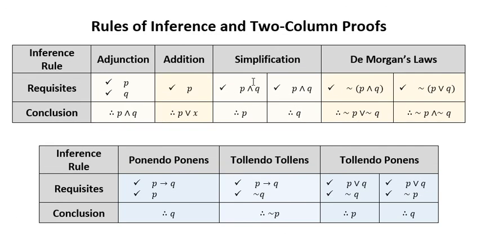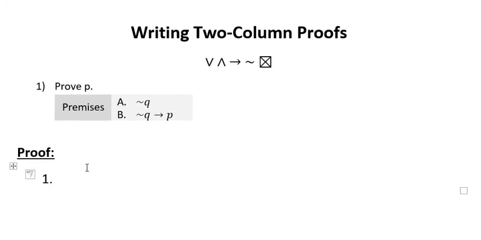For example, if I'm going to use the adjunction rule of inference, I need to explain whether I have the requisites, whether I fulfill them or not. To do that, we have to quote some of our previous steps. You're going to understand once we start working with this.